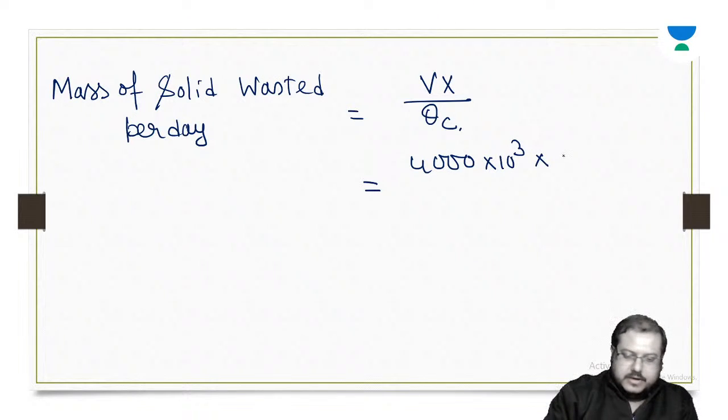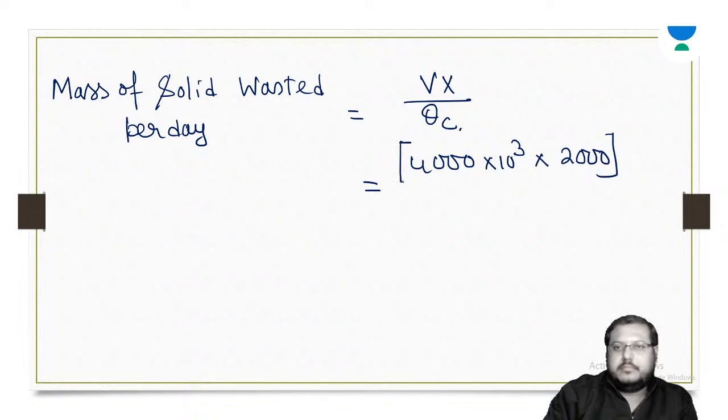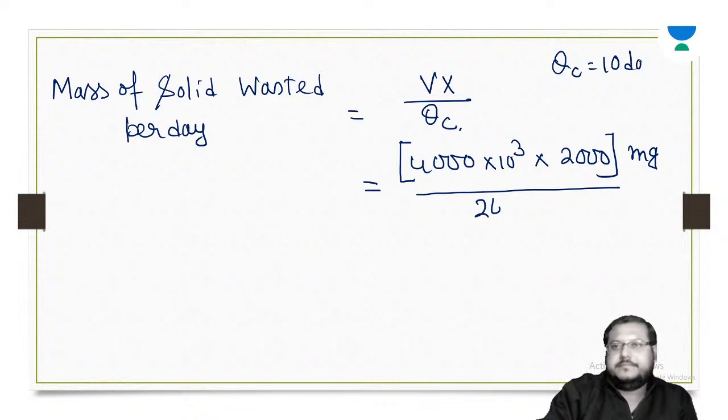X is 2000 milligram per liter. And theta c is given as 240 hours, so theta c can be defined as 10 days. So that will be milligram per day.